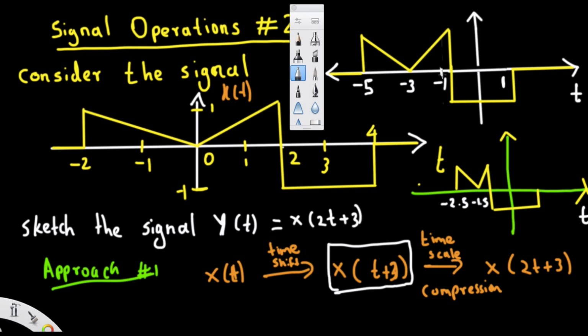This line, let me delete this line here, because this negative 1 is basically this axis. This one is the negative 1. Okay, so this one should be 0.5 here, and then here 1 divided by 2. This is negative 0.5, this is positive 0.5, and then it keeps on going after that, and that's the final graph. This is approach number 1.